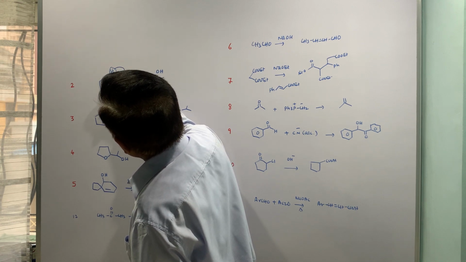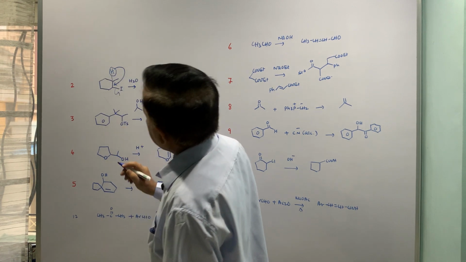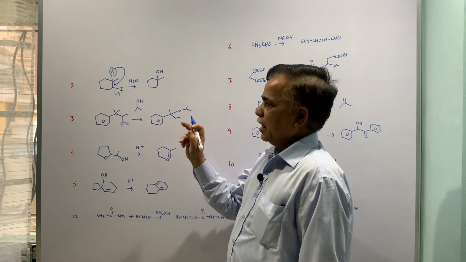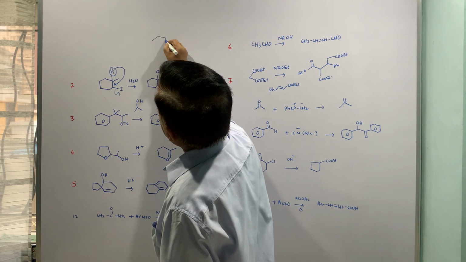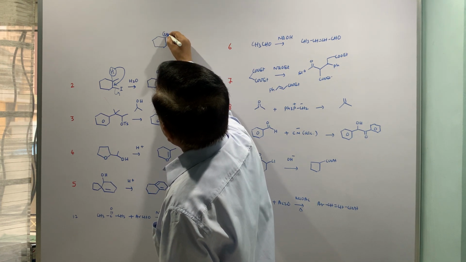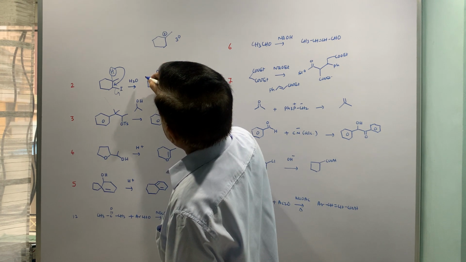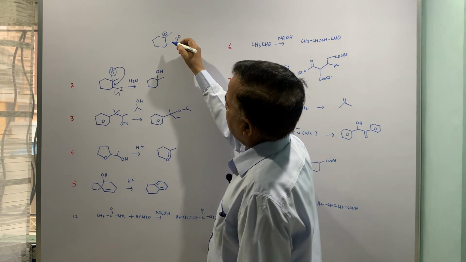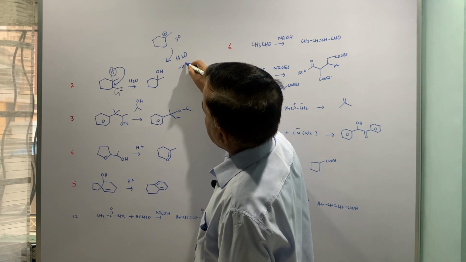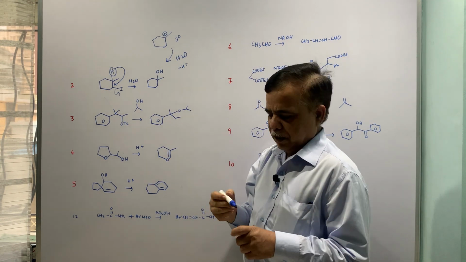First of all, the loss of iodide, you get secondary carbonium ion. Hydride shift will make it tertiary. So this was secondary initially, and then attack of water and loss of proton will make it tertiary.